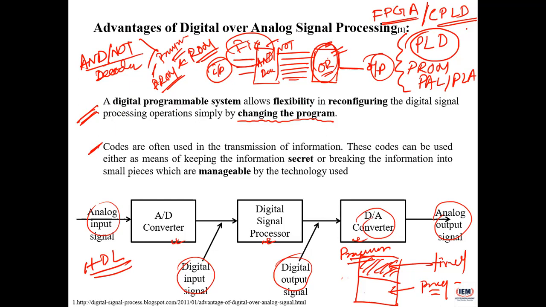We can keep the information secret based on the transmission process, and we can make small pieces that are manageable by technological uses. So what about the next point we are considering?